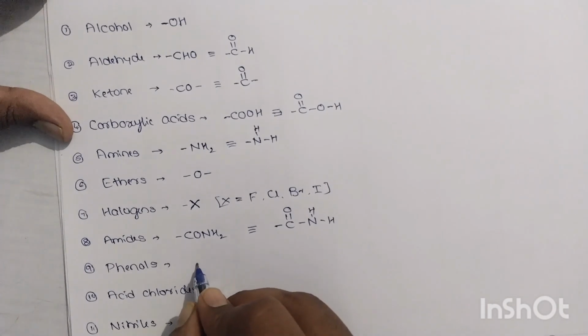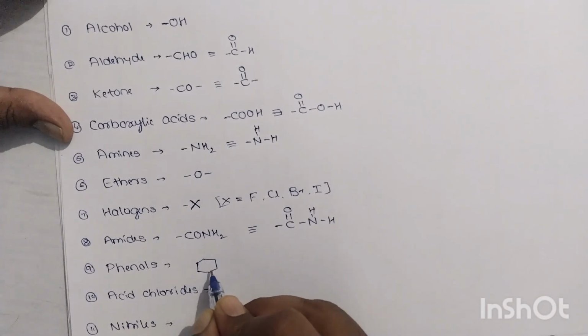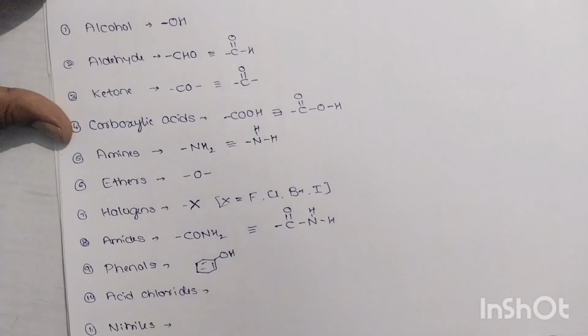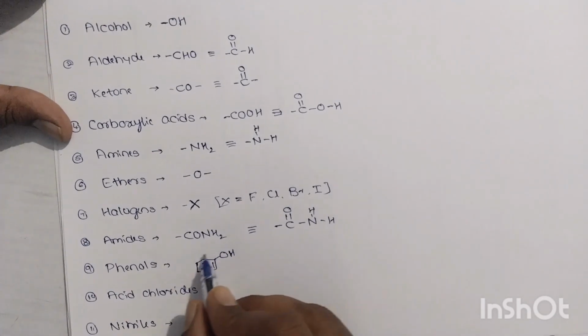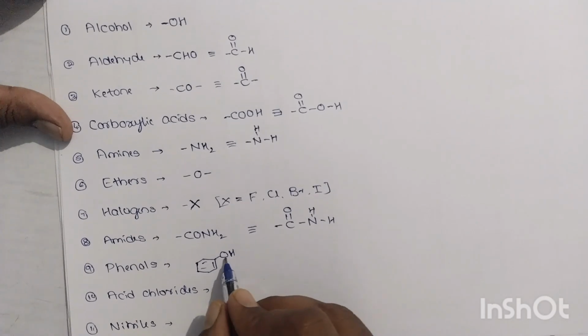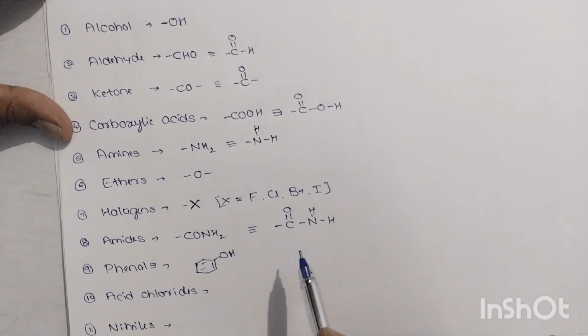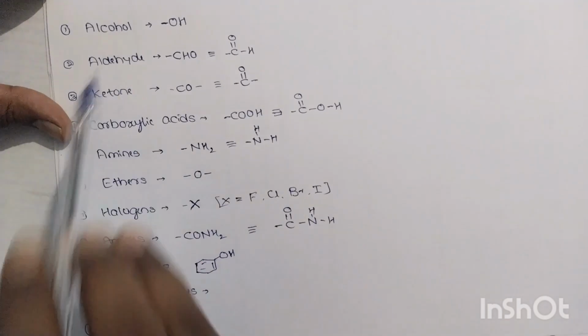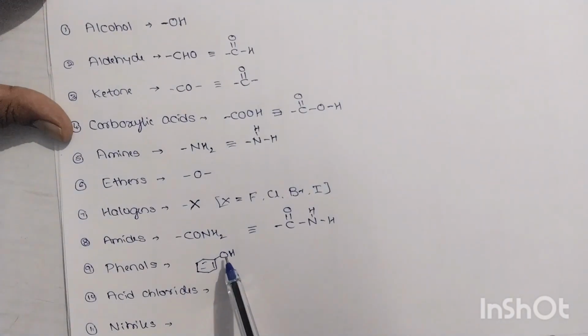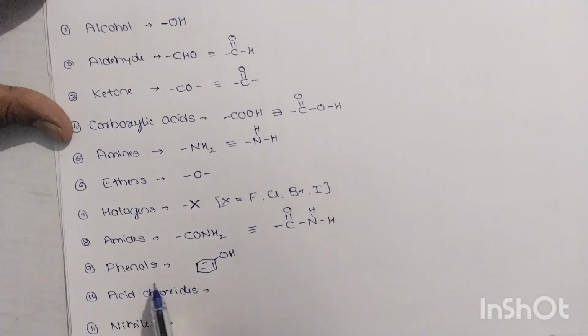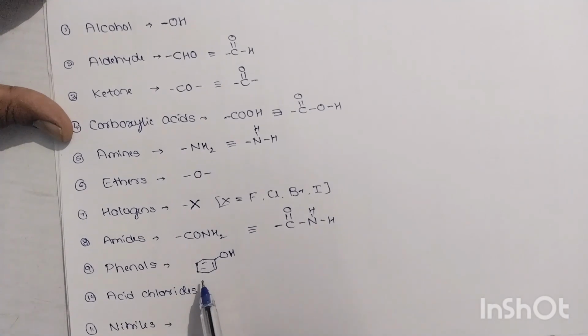Phenol functional group is when the OH group is directly attached to the benzene ring. This is called phenol. When the OH group is attached to alkanes or alkyl groups, then that is alcohol. But if the OH group is directly attached to the phenyl ring, or the benzene ring, then that is phenol.